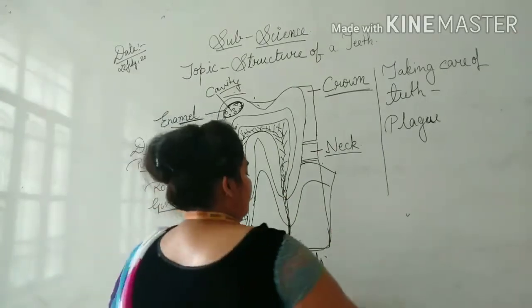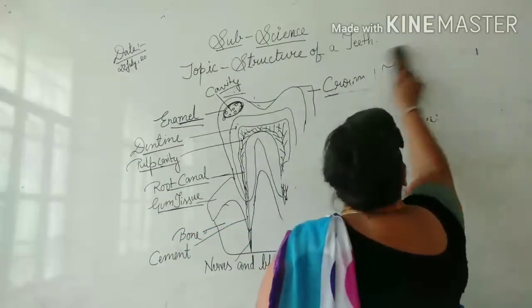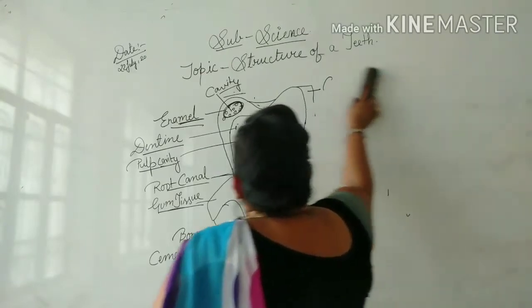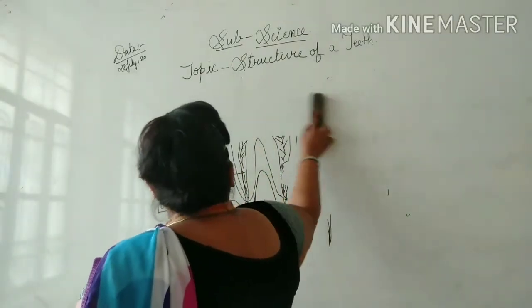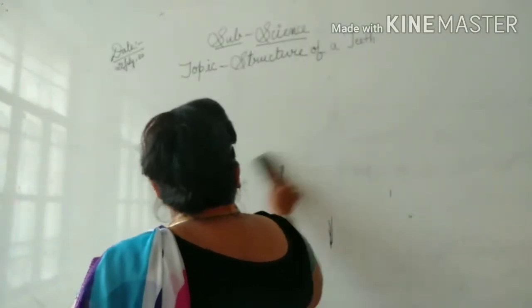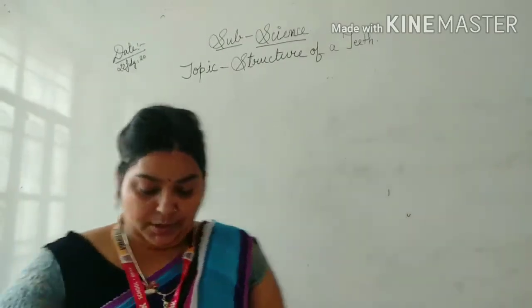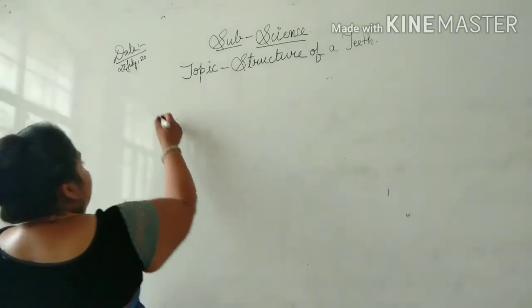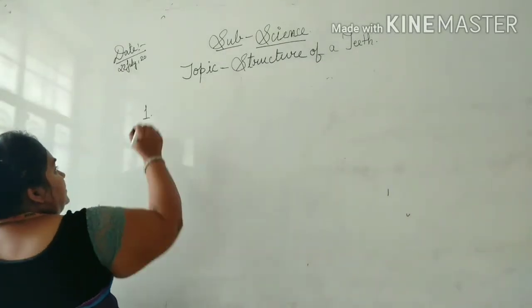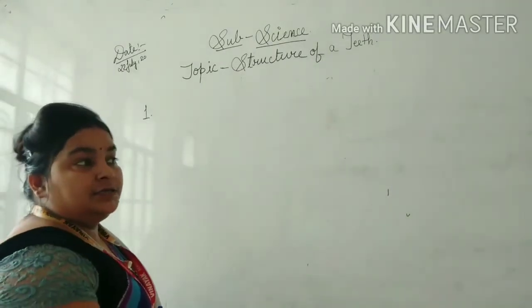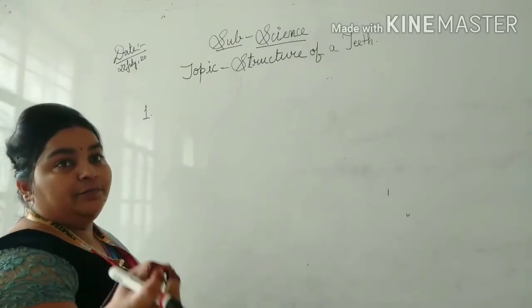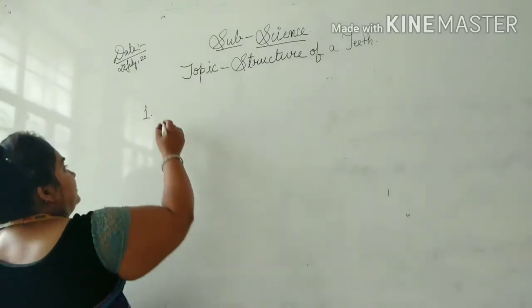So for today's assignment, only 2 or 3 questions you have to complete. Clear? Note down. Draw the structure of a tooth with all important parts. Okay?